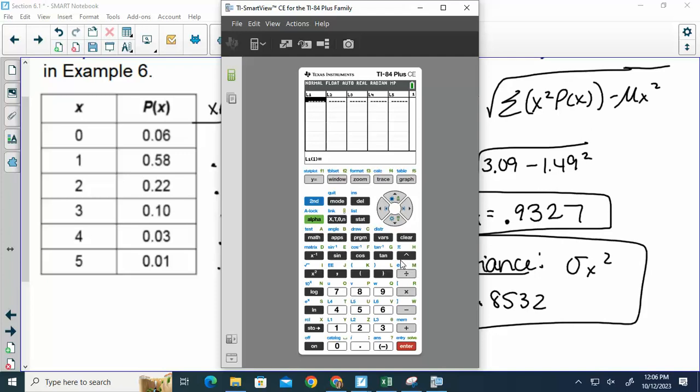So this is from the original table in example 5. So the x is 0, 1, 2, 3, 4, 5. Everybody get those?